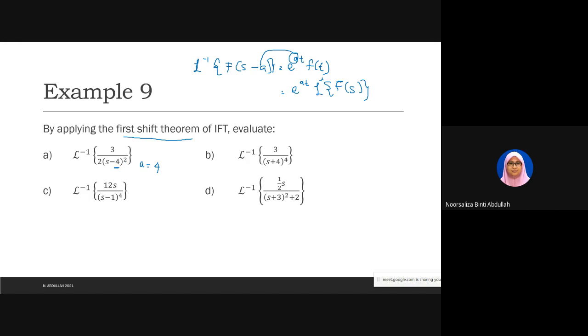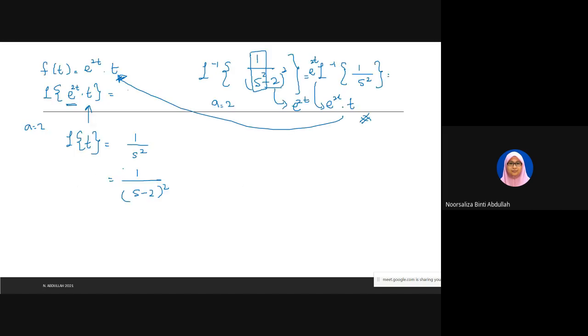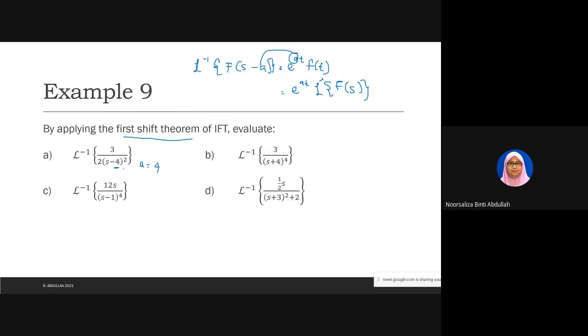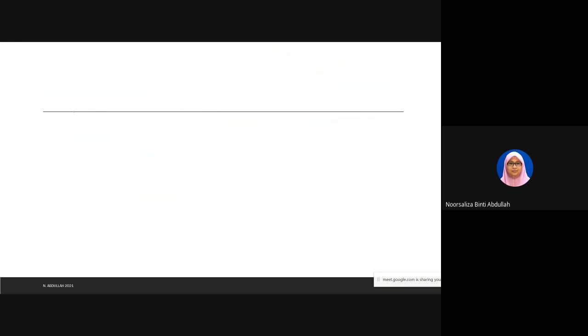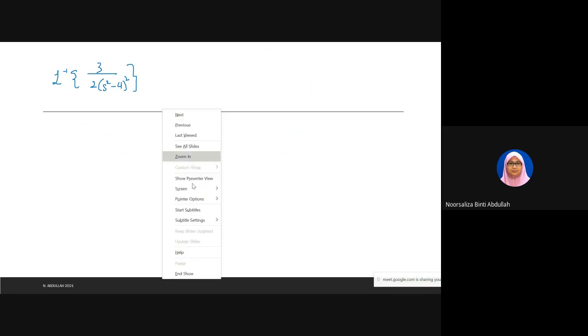Oh sorry, the previous one is not finished yet. You want to find the inverse of 3 over 2 S squared minus 4A to the power of 2. So with the first shift theorem, oh sorry, I wrote it wrongly again.